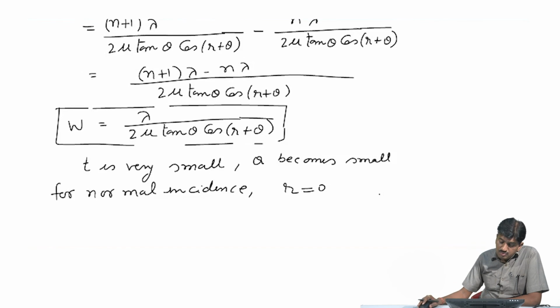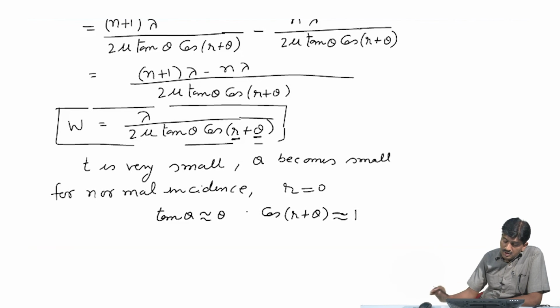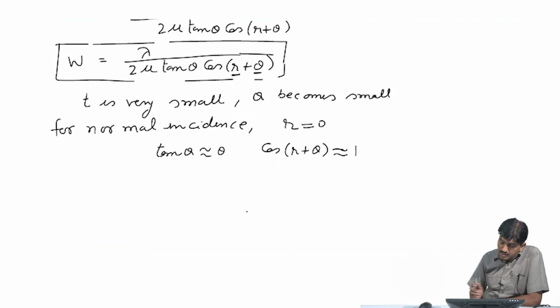If theta is small, it means tan theta is nearly equal to theta, and r is 0, theta is very small, cos(r plus theta) becomes nearly equal to 1. It means fringe width W becomes lambda upon 2 mu.